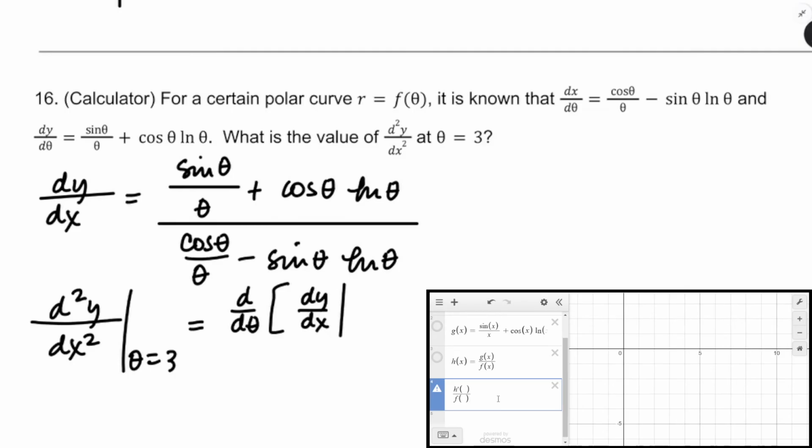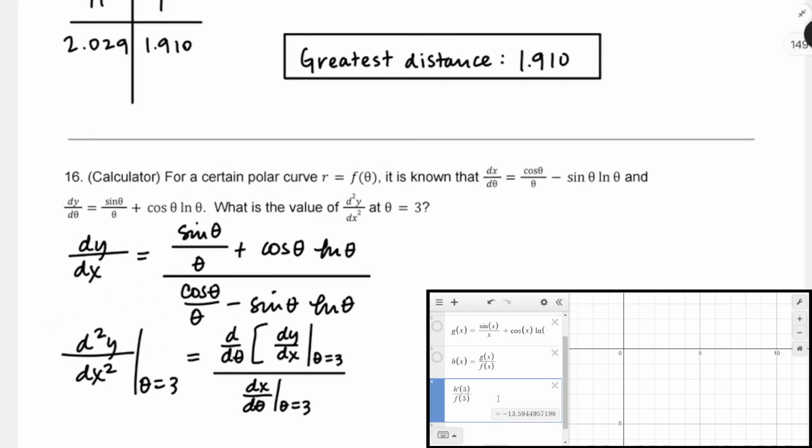I'm also calling it h of x in Desmos, at theta equals 3, divided by dx d theta at theta equals 3. And that's what I'm going to be plugging into the calculator, and I'm going to get negative 13.594. Oh, and it's like totally all the room I've got. So negative 13.594.